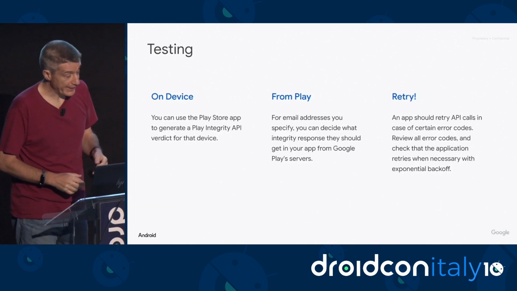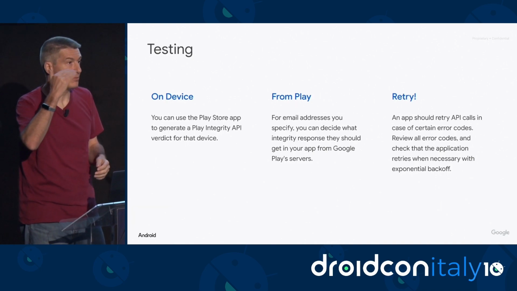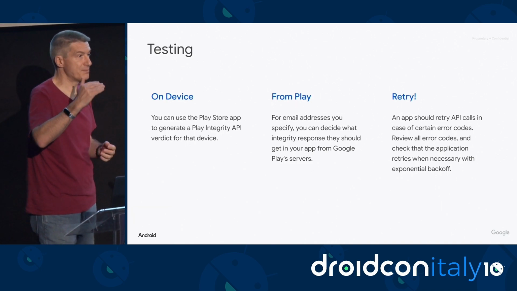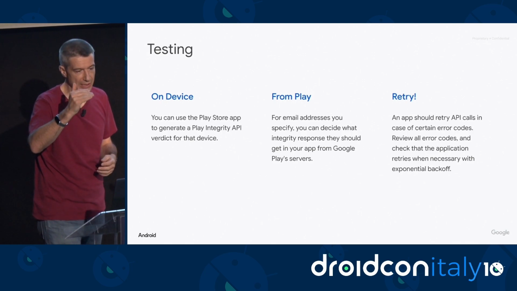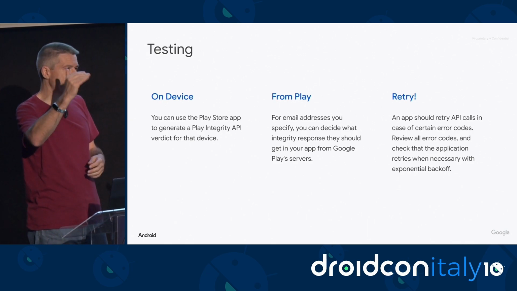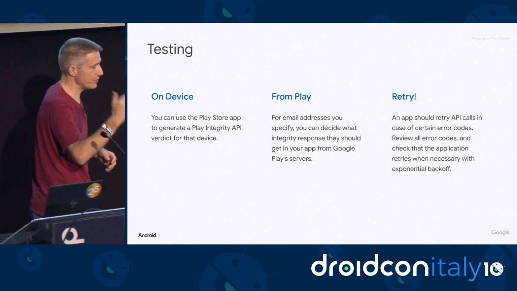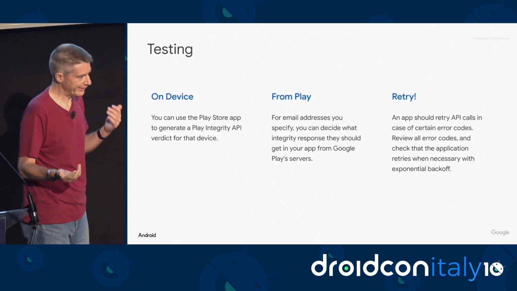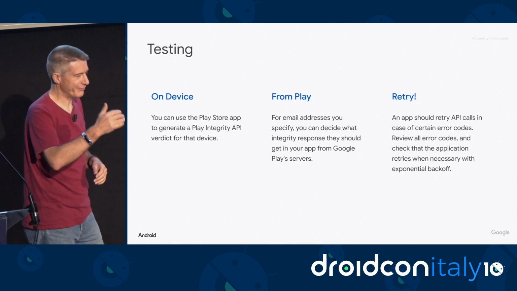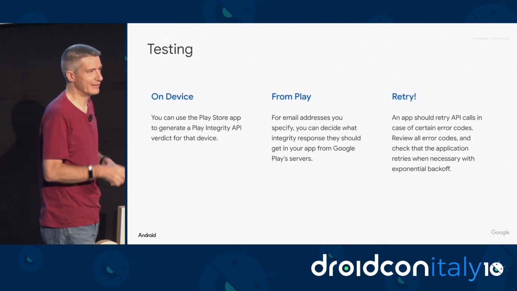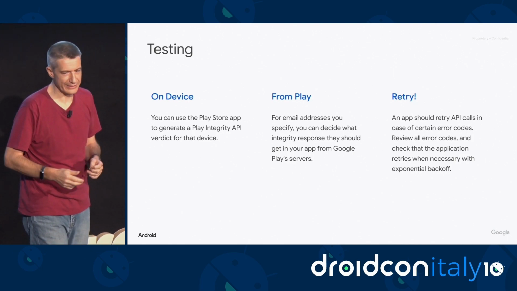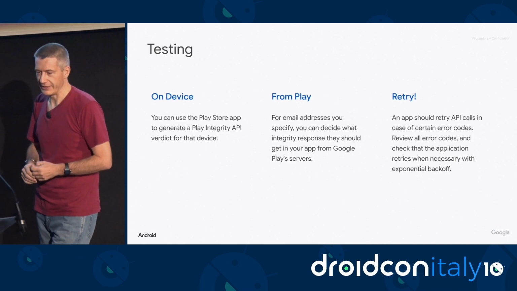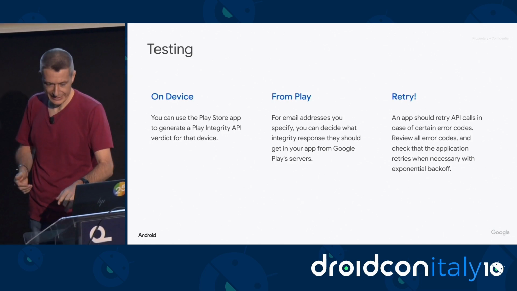From Play, as I said before, you can set up an email account and specify, okay, for this particular email, for PFM test 1, I want to always get meets integrity. For PFM 2 at gmail.com, I want to get meets strong integrity and so on.